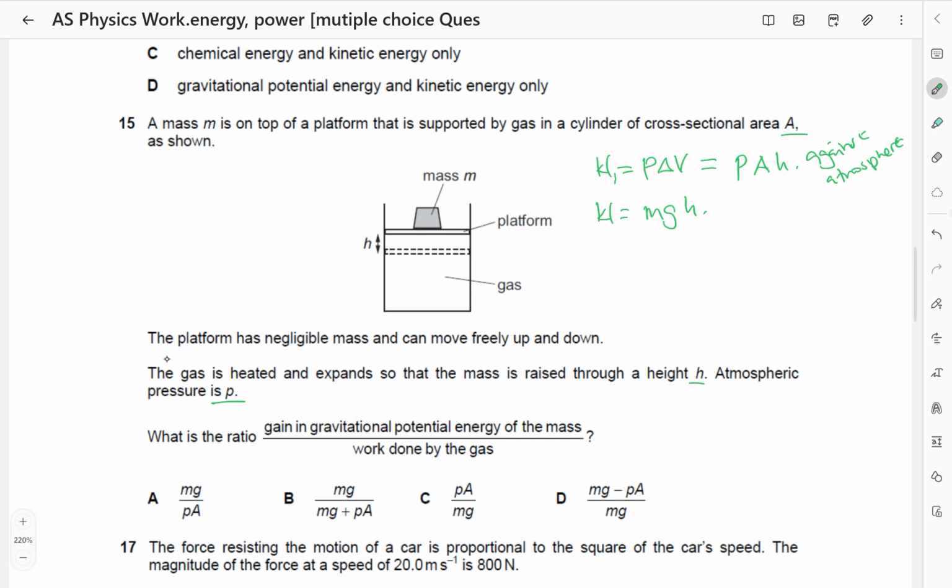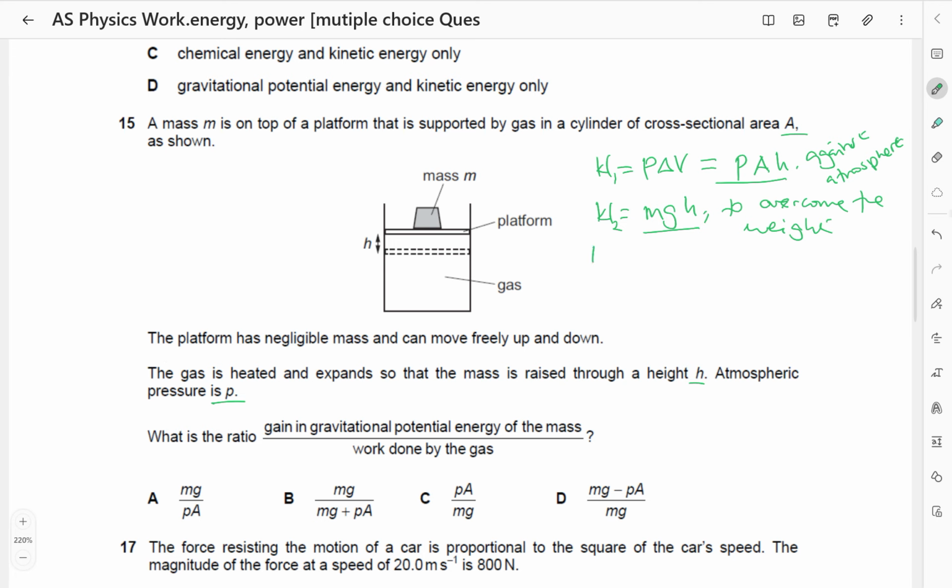Then W2, which is going to be the work done to overcome the weight. So this is the work done against the atmosphere, and this is the work done to overcome the weight.